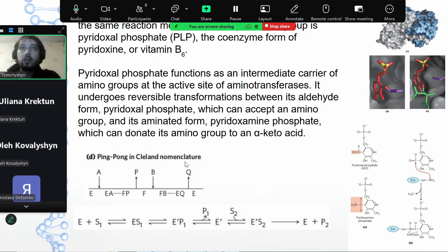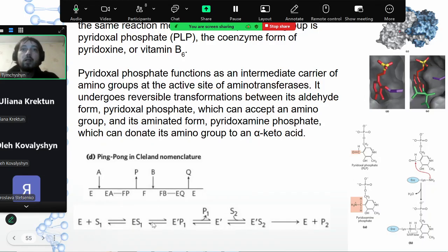So here you see that's called the ping-pong mechanism. Here it is in the Cleland notation. Some chemical gets attached, some product is generated, then a different chemical is attached, a different product is generated. Here is a more traditional scheme that shows some intermediate versions of all of that. Here you see the enzyme and substrate 1.